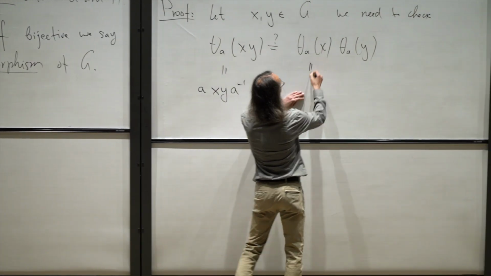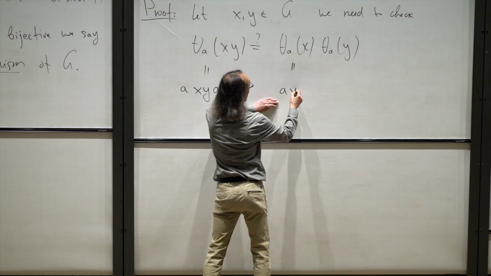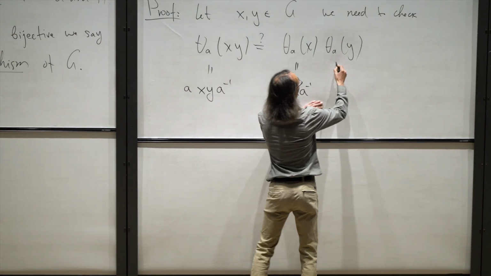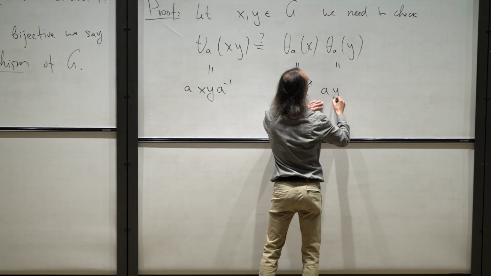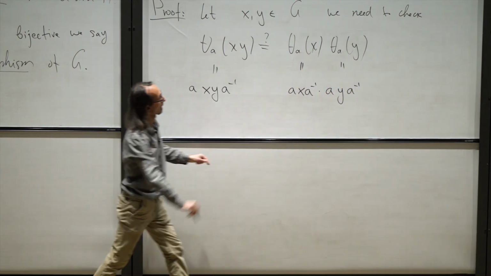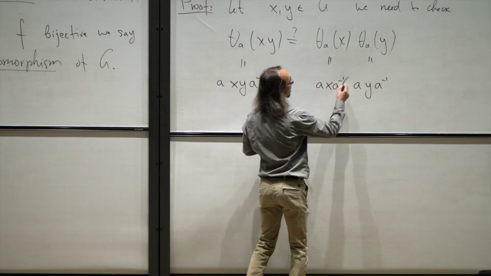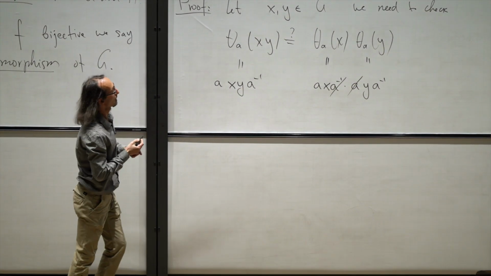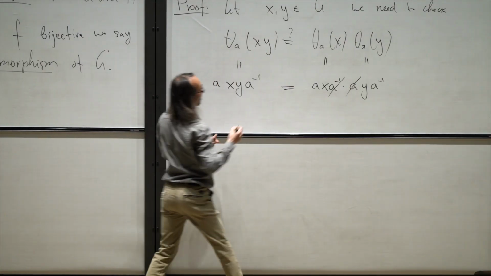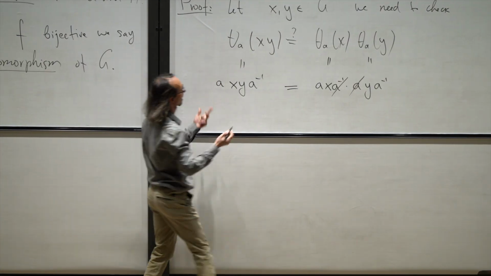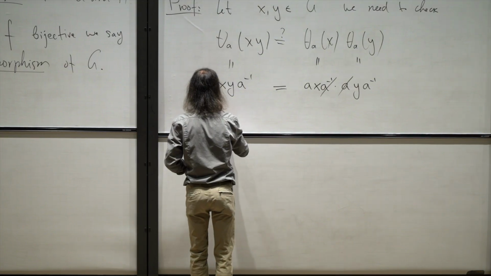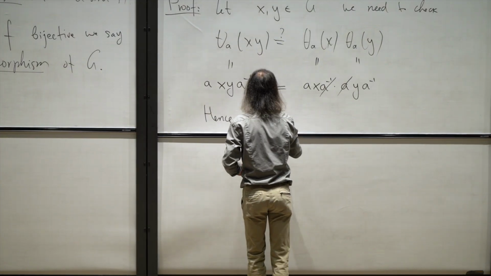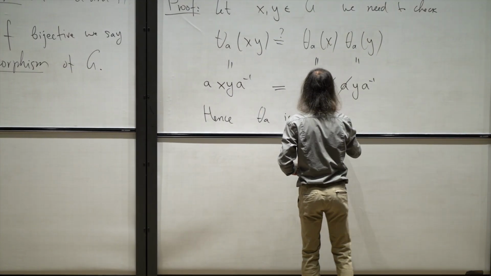On this side, this is a x a inverse, and this is a y a inverse. So when I multiply, a cancels with a inverse, and we end up with these being the same. Hence theta_a is a homomorphism.